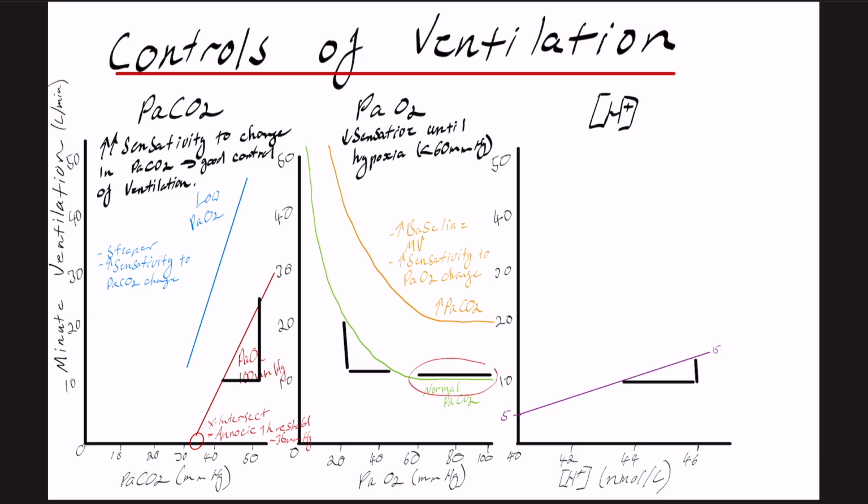And it's important, this flat bit, because when you have CO2 retainers, for example, they will accumulate CO2 if their PaO2 is maintained. The importance of this is that if you put supplemental oxygen on these people and you maintain their PaO2, they won't have a significant drive to breathe, meaning that PaCO2 will build up in the blood because they're not ventilating, the minute ventilation is not really increasing.